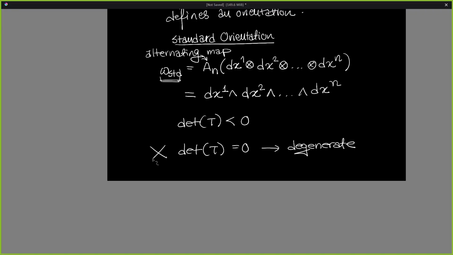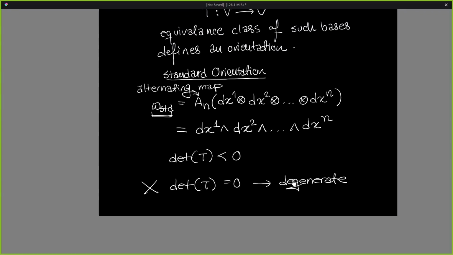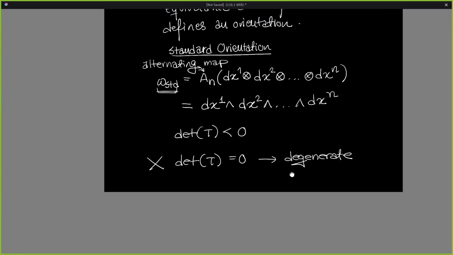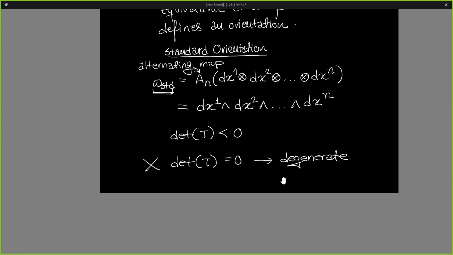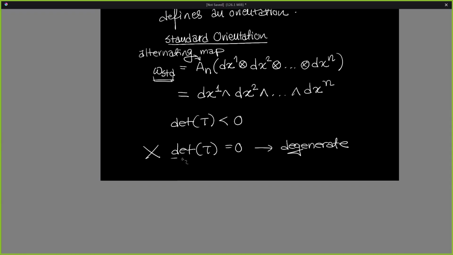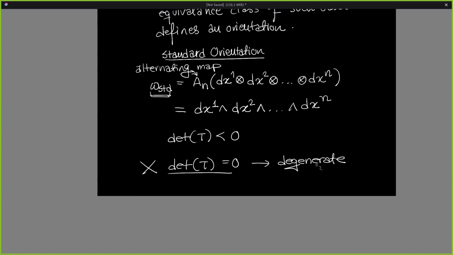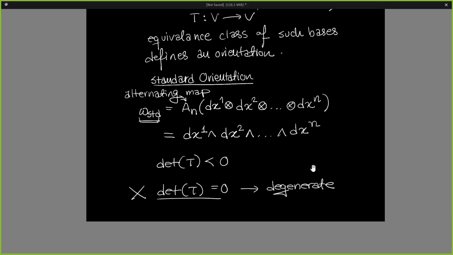So we're not considering the case where det T equals 0. If det T equals 0, you have a coordinate system on your manifold that has less than n coordinates, and that is not consistent with all the definitions that we have had so far of the atlas. So this situation is not possible, and we're not going to worry about this.